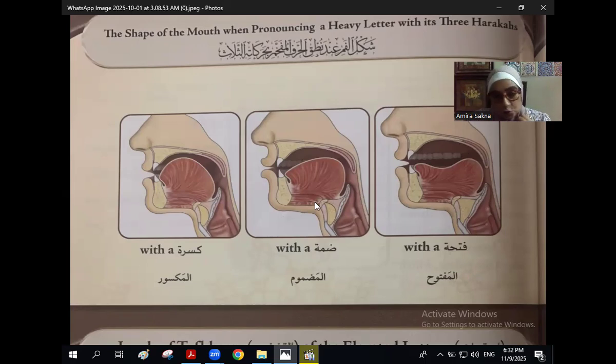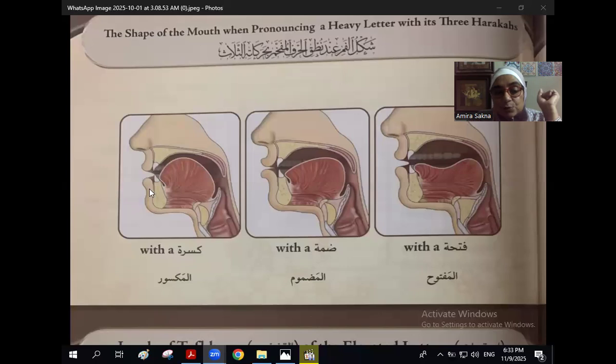If you look at those charts here, the first chart explains when I'm pronouncing a heavy letter with a fatha. The tongue will be in this position. Back of the tongue is higher. There is a curvature in the middle part of the tongue, okay? With dhamma, it will be like this. Back of the tongue will be a little bit higher, and the lips are circled forward.